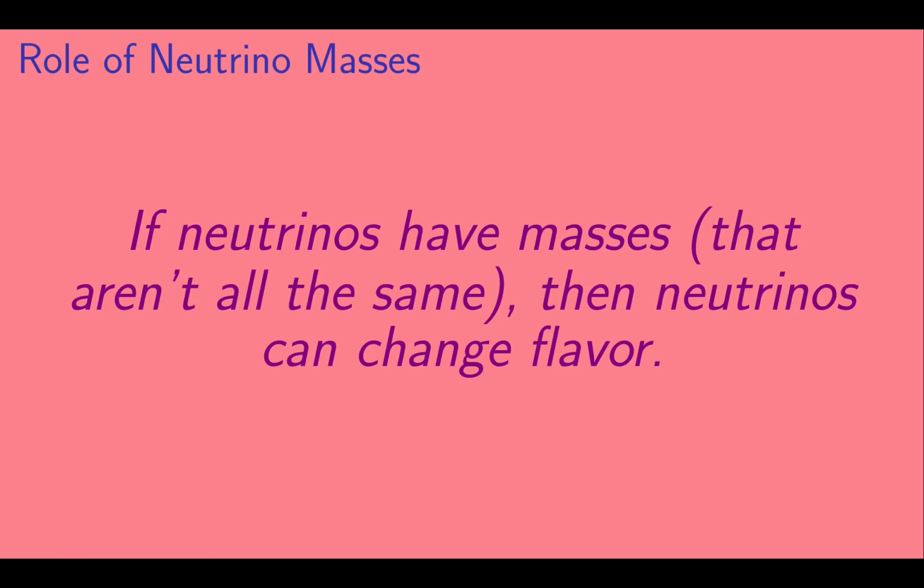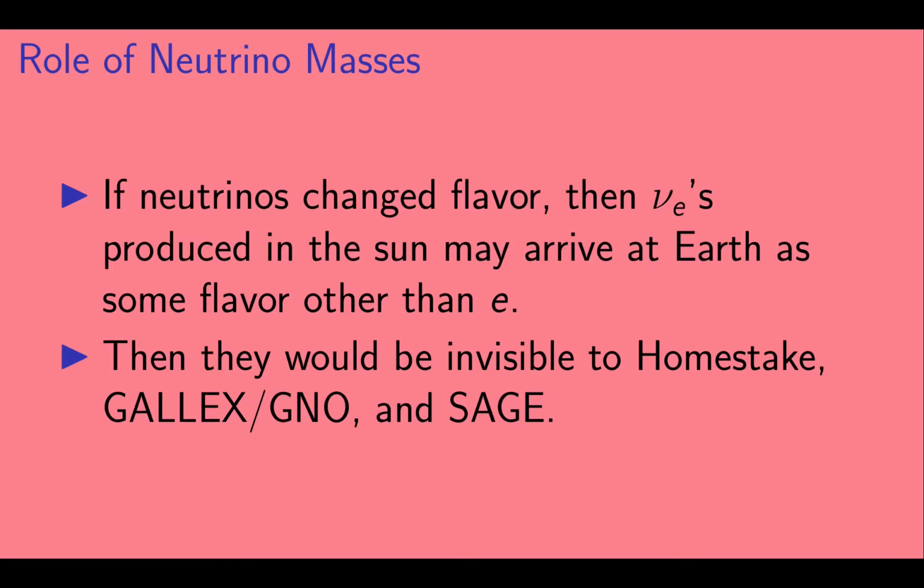The problem is that if neutrinos have masses, and those masses aren't all the same, then neutrinos can change flavor. If neutrinos changed flavor, then electron-type neutrinos produced in the sun may arrive at Earth as muon or tau flavored instead of electron flavored. Then they would have been invisible to the early neutrino experiments.